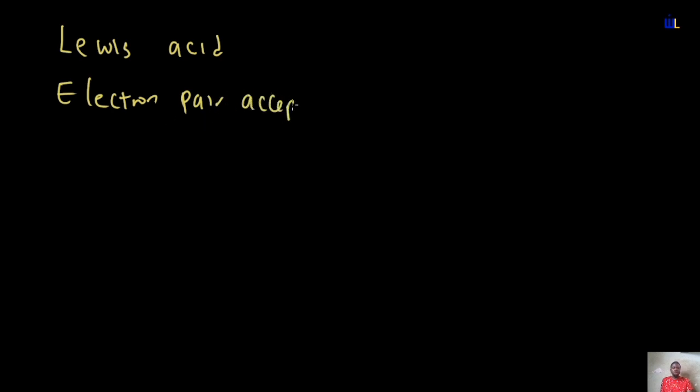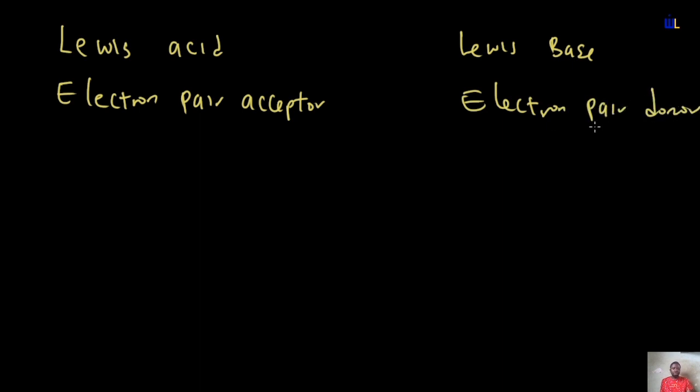Let's look at the screen again. Lewis acid: electron pair acceptor. Lewis base: electron pair donor.